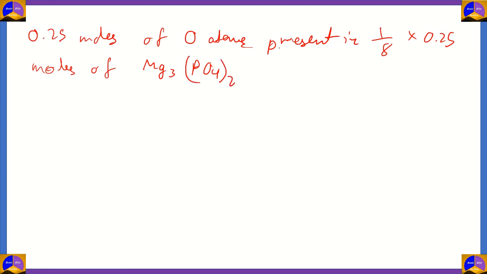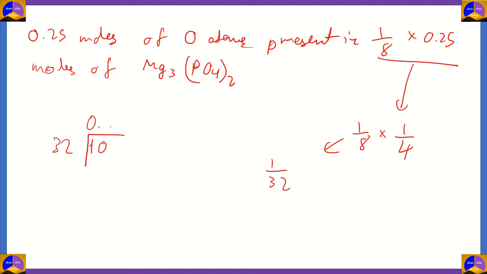So if you were to simplify this further, you can write 0.25 as 1 by 4, so 1 by 8 times 1 by 4 gives you 1 by 32.